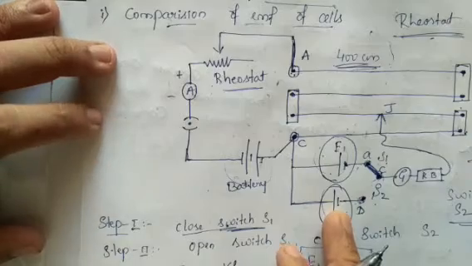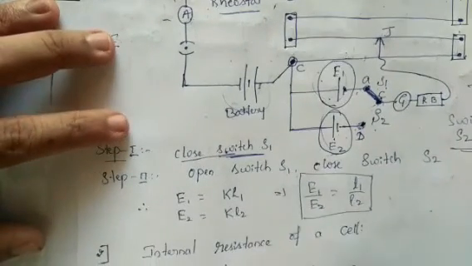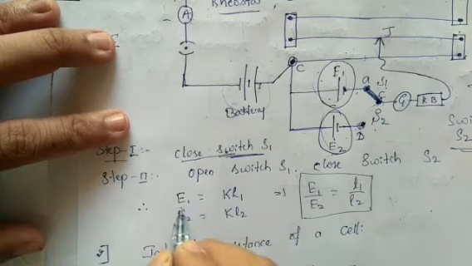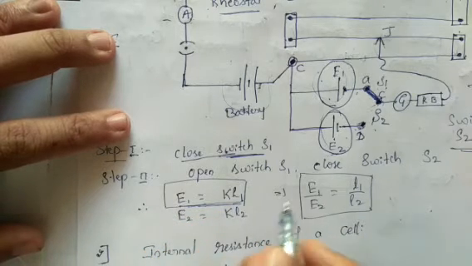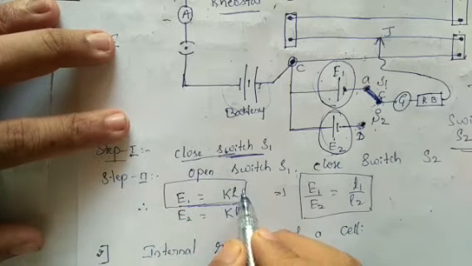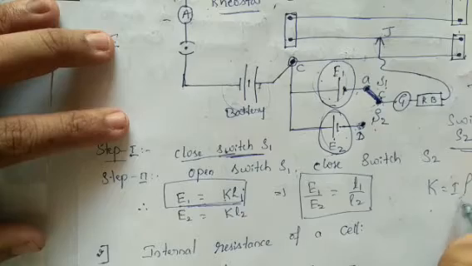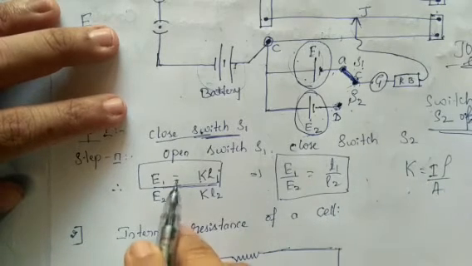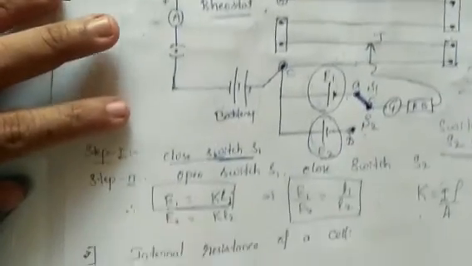Now the EMF drawn in this case, when S1 is closed and S2 is open, we can write E1 = K × L1, where K is a constant given by K = I ρ / A. We have taken a constant electric current, so E1 = K × L1.